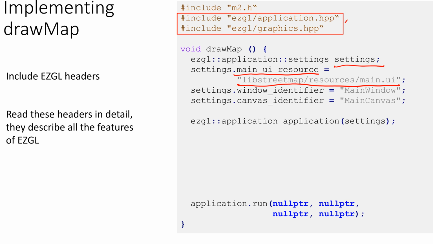So that's UI layout. There are a couple other things. What is the string name of the overall top level main window that we're creating? And we've called it main window in this main.ui. And a canvas is something you can draw on. Okay, so buttons are like things you can click on, and the graphics library will kind of keep track for you.